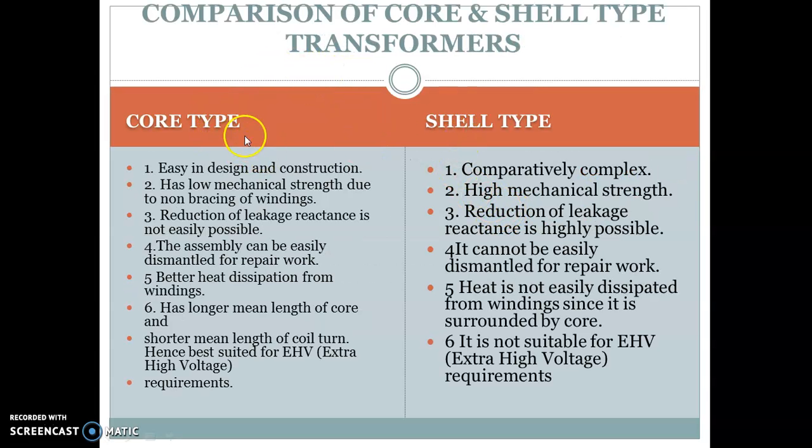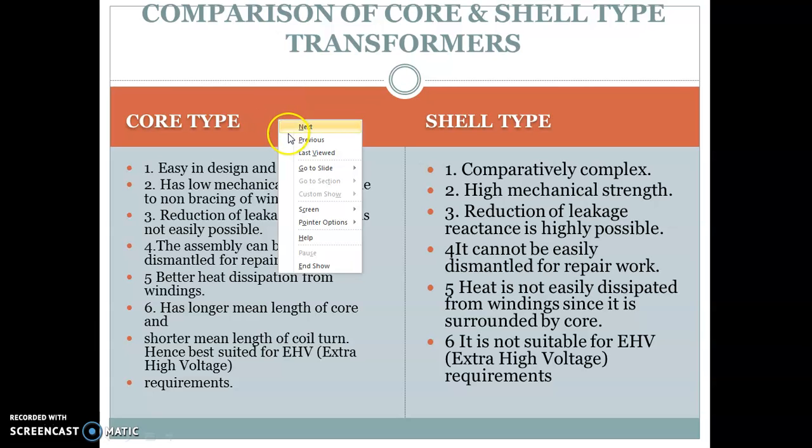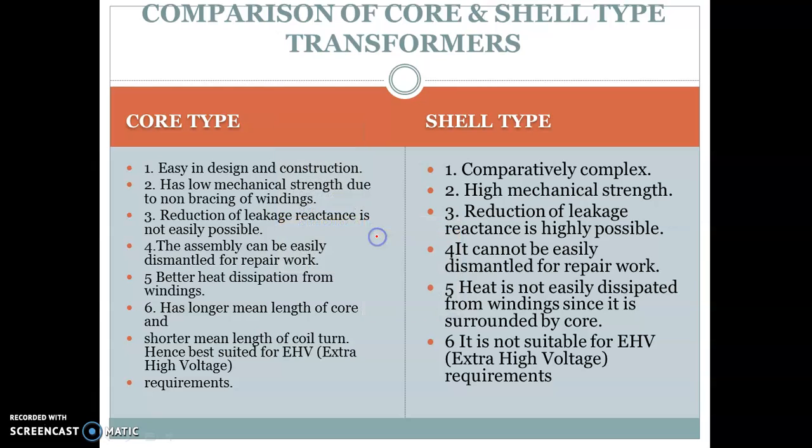Here is some comparison between the shell type and core type of transformer. The core type is easy in design and construction; comparatively, the shell type's design is complex. The core type has low mechanical strength due to non-bracing of the winding; the shell type has high mechanical strength.